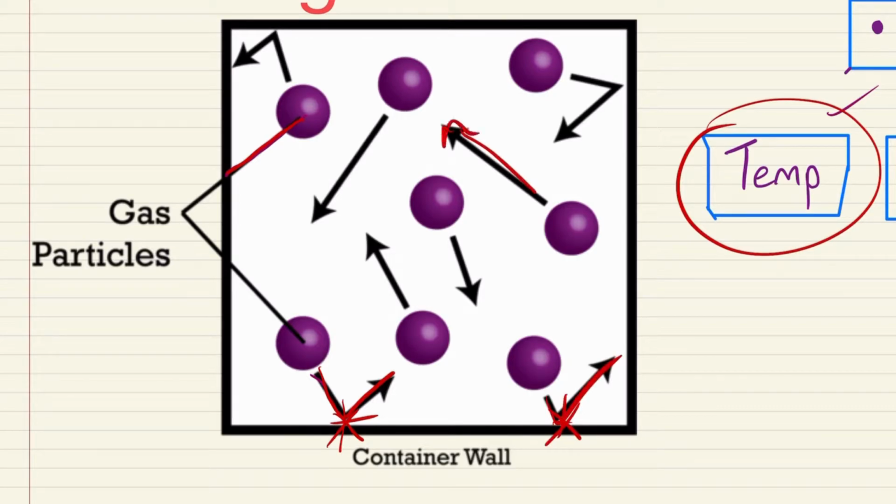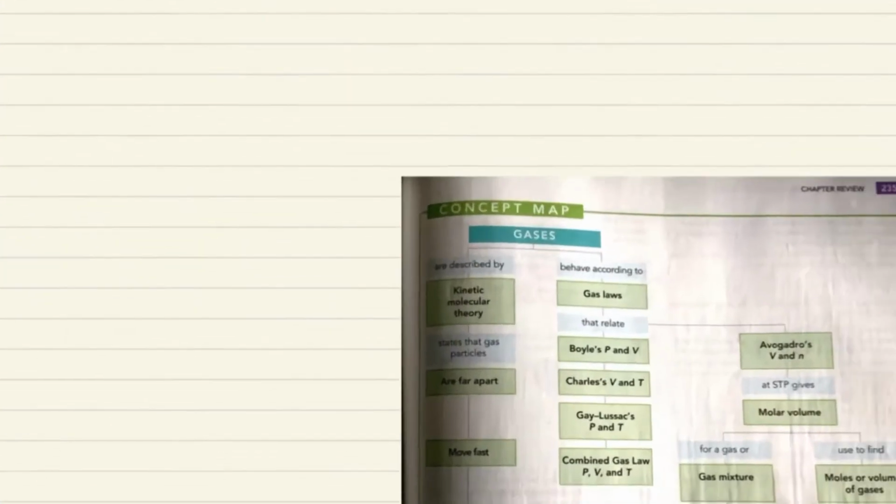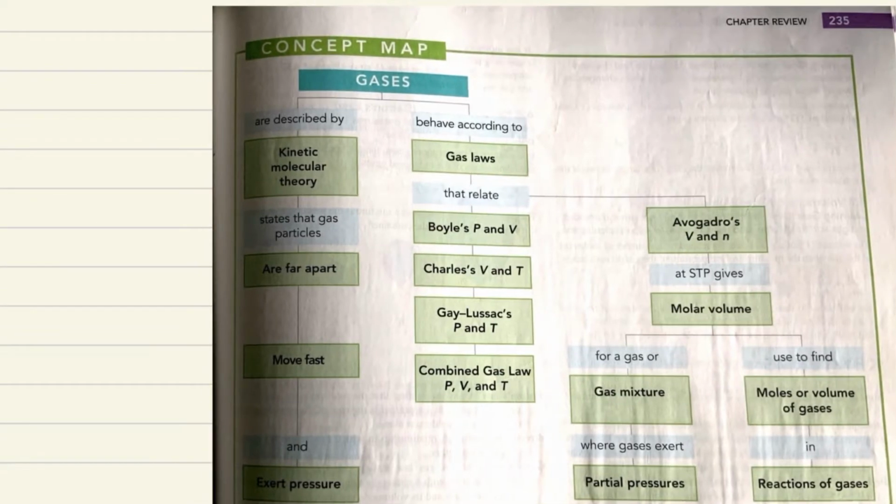And again, they're very dispersed, they're fast, they're moving in this closed space. But again, for the sake of this video, volume, temperature, and then pressure is what, guys? Yeah, constant.